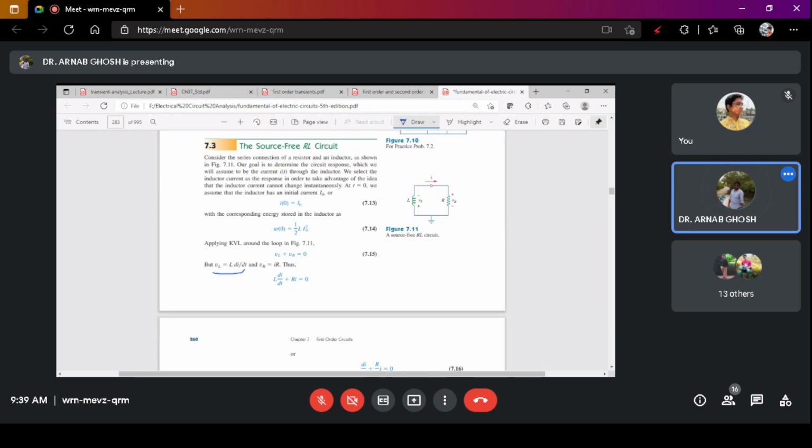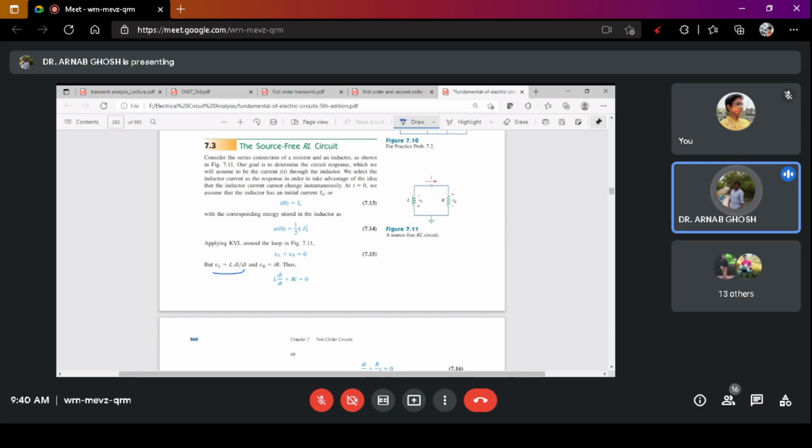Let us say at the initial condition, when you are switching on the circuit, when you are pressing the switch, at that instant we take t is equal to 0.